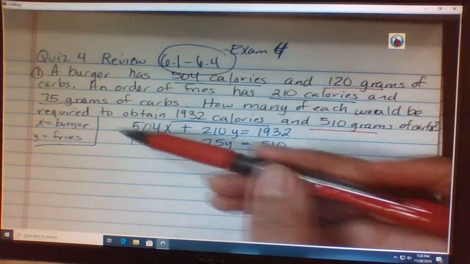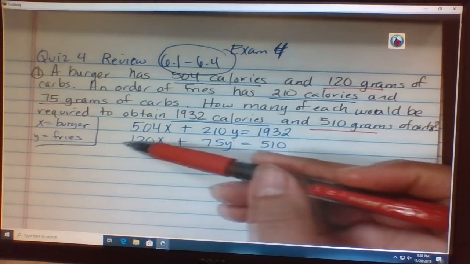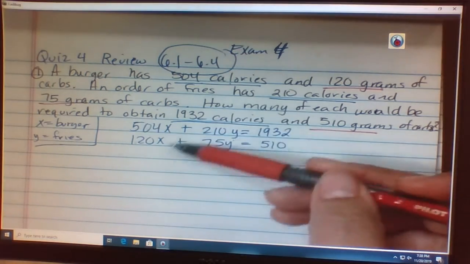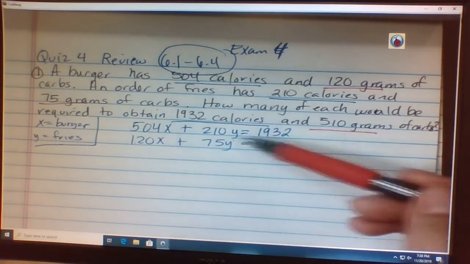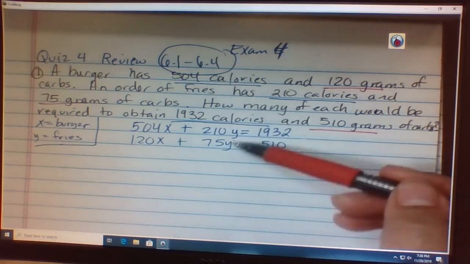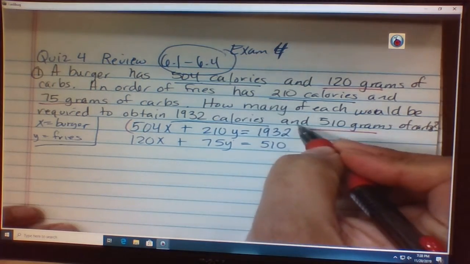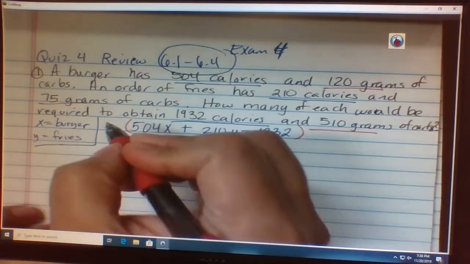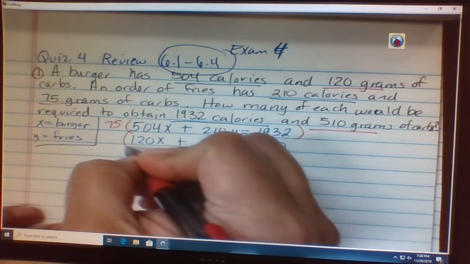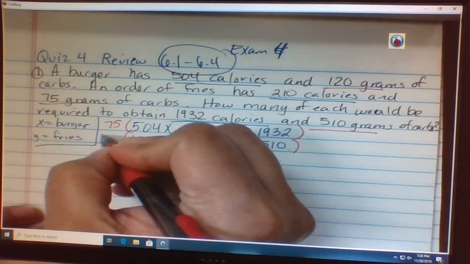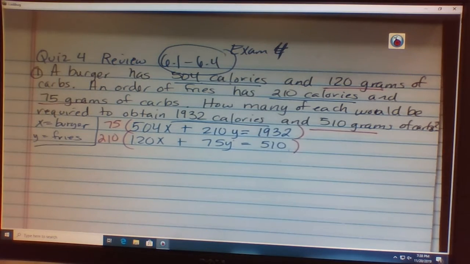Or I could multiply the top by 120 and the bottom by 504, and they're going to get the same number here. But of course, I would prefer that you work with the ones that are smaller. So if I multiply the top by, what again? 75, and the bottom one by 210. Now, of course, one of them would have to be a negative. So which one do you want to do negative?